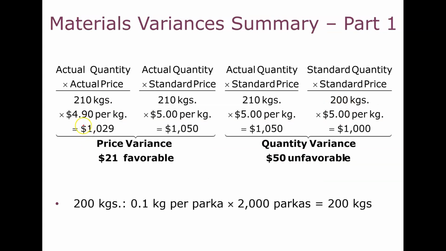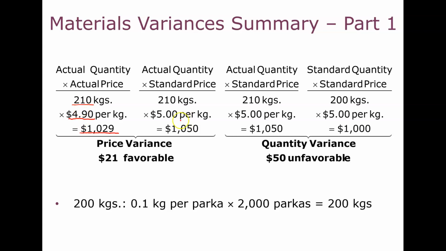To obtain the price variance, we will take the actual quantity, which is the 210 kilograms, and look at how much we paid. We paid $1,029. If you divide those two numbers, you get what you paid per kilogram. The actual price we paid per kilogram is $4.90.